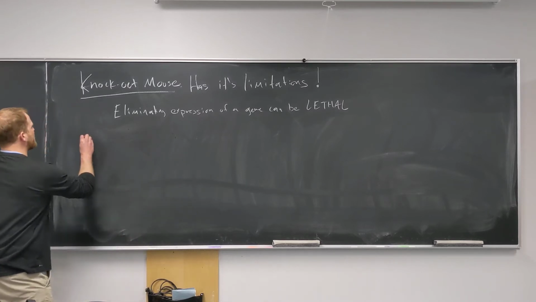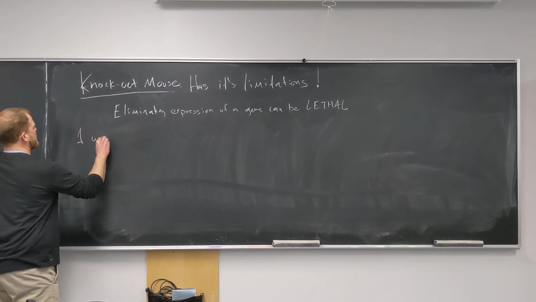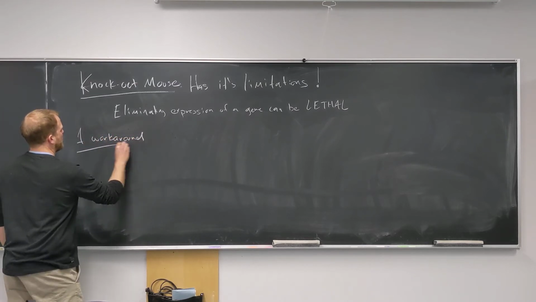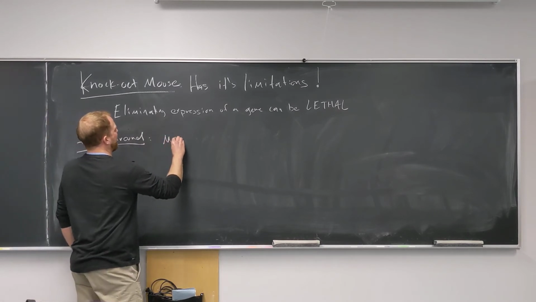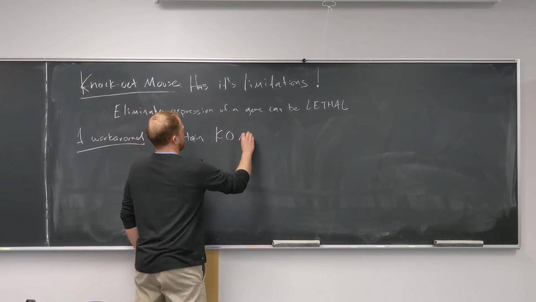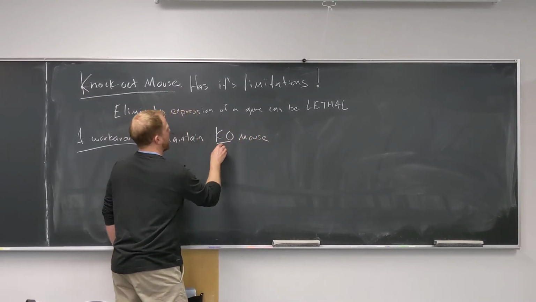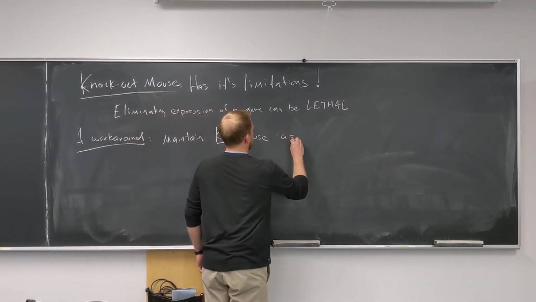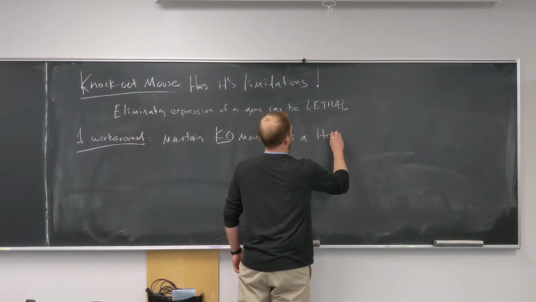One possible workaround for this is that sometimes you can maintain your knockout mouse, KO being an abbreviation for knockout, as a heterozygote.